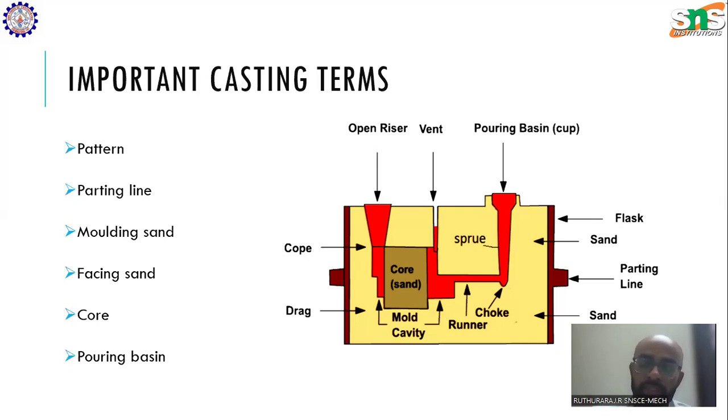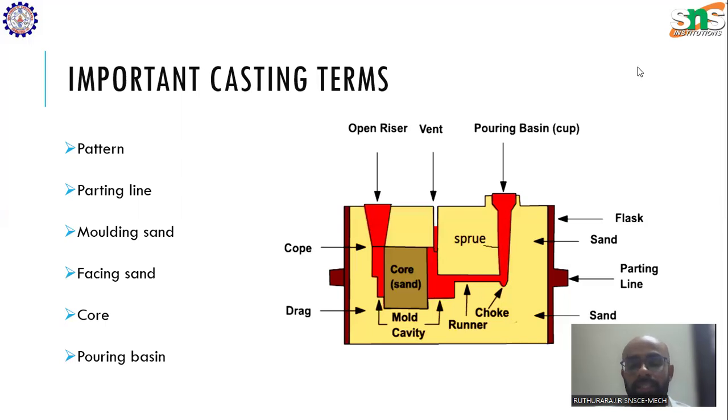So if we are making a pattern for a certain volume and it solidifies, the casting will be smaller than anticipated. To prevent that, we provide excess metal in the riser as well as runner, so that it can be utilized during the solidification process and the entire mold cavity is covered. So we get the exact replica or exact size of the pattern which we designed. That's another purpose of the runner and risers.